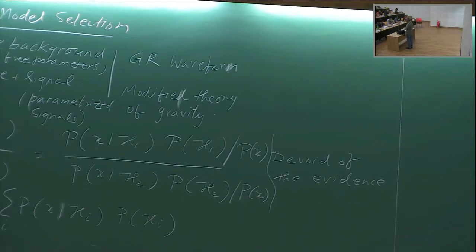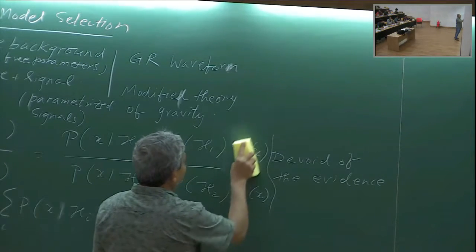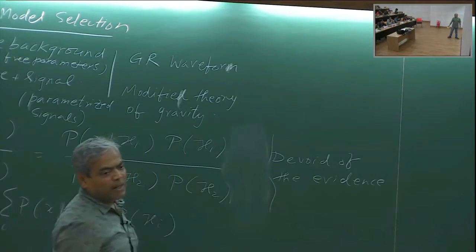But I don't know what the third model is. All I am doing is, given two models, you can start with any number of models if you want, you can pairwise begin to discriminate amongst different models. But the good thing is, this evidence that needs to be computed, and a costly one, is not present in model selection.